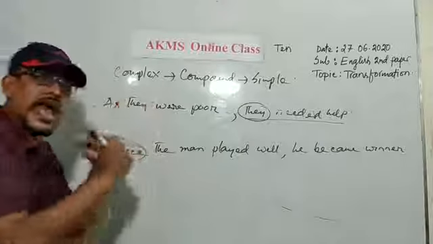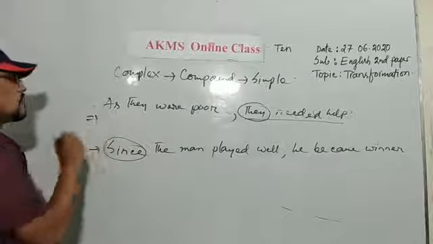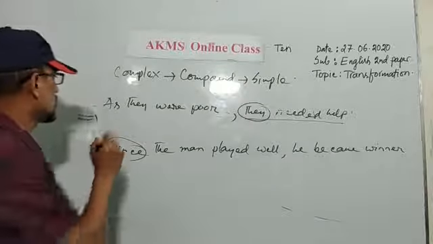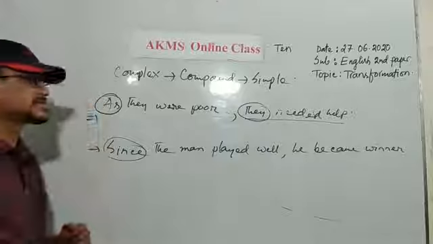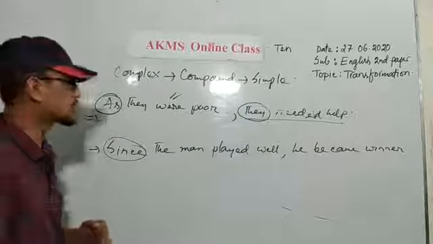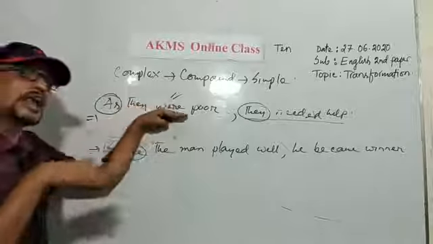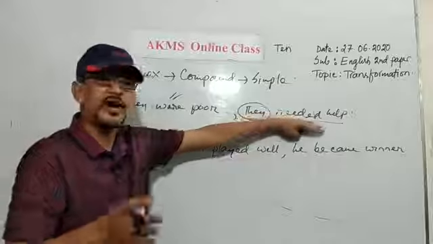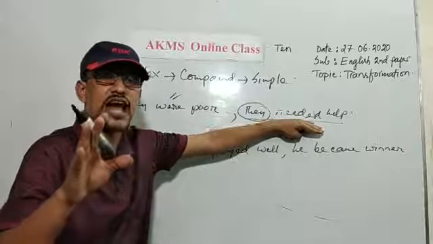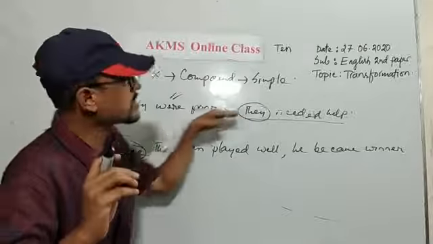Then it will act like a principal clause. Just like this. First you should write the cause. You will erase as. Then you should write the subordinate clause. That means the action of this clause will be held first. They don't need help. First they should be poor. They will be poor. Then they need help.